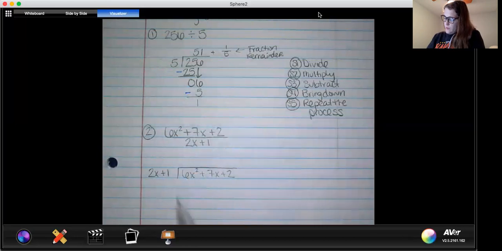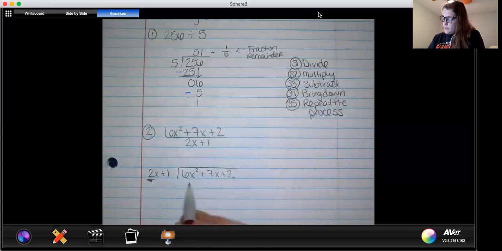Okay, so we want to divide just the first term, okay? So when we're thinking about dividing, we want to think just about the first term. But when we multiply, we will multiply to the whole thing. So we want to think, what is 6x squared divided by 2x?